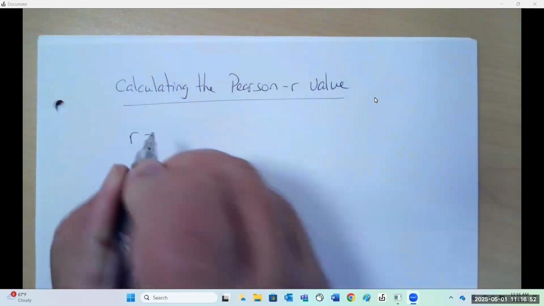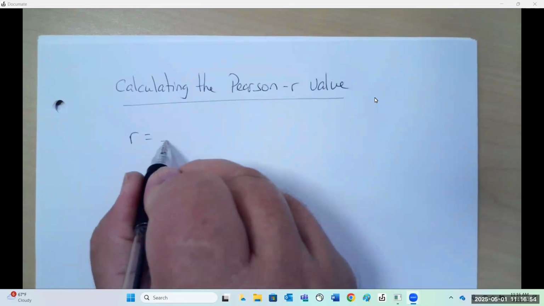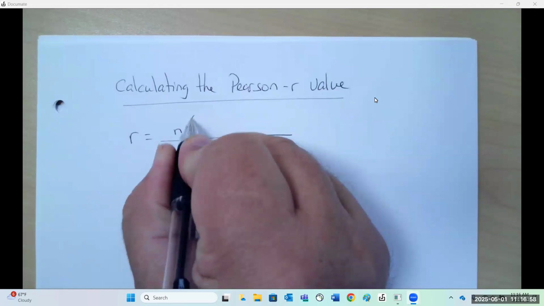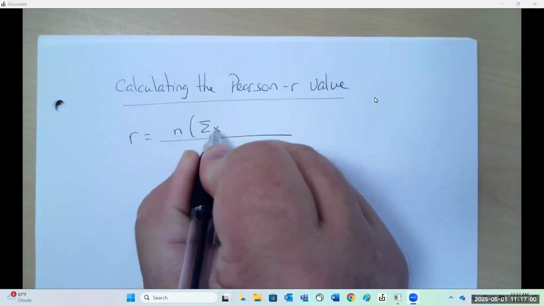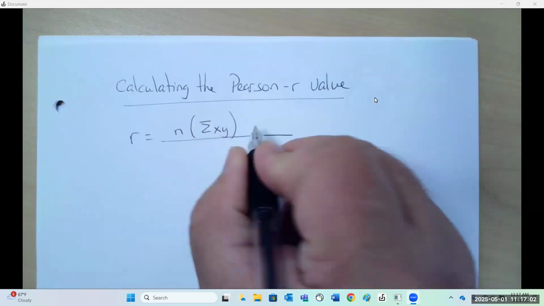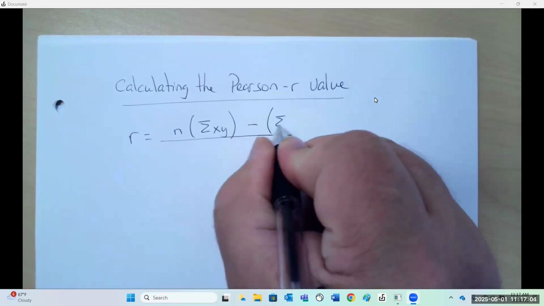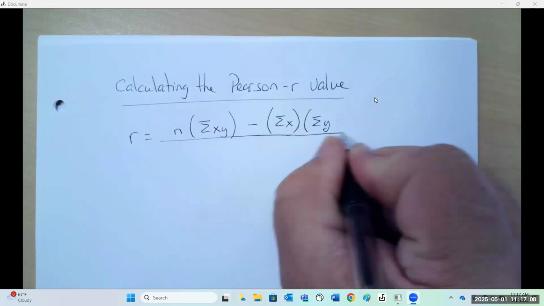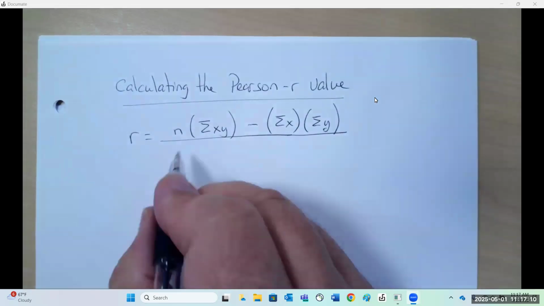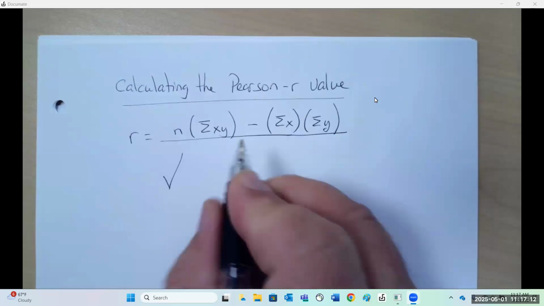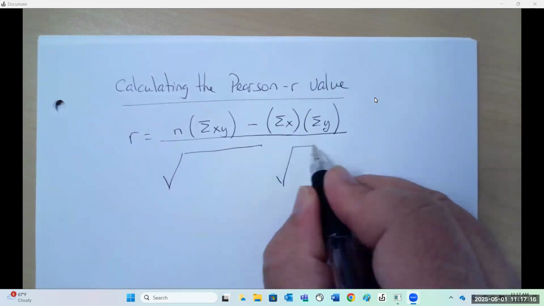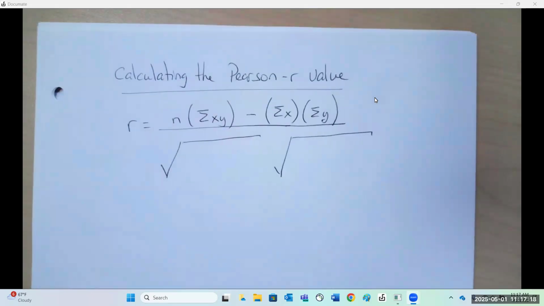Traditionally, the R value we use for the Pearson is n times the summation of xy minus the summation of x times the summation of y, all over two separate radicals on the bottom, one dealing with x, one with y, because remember, they're independent variables.